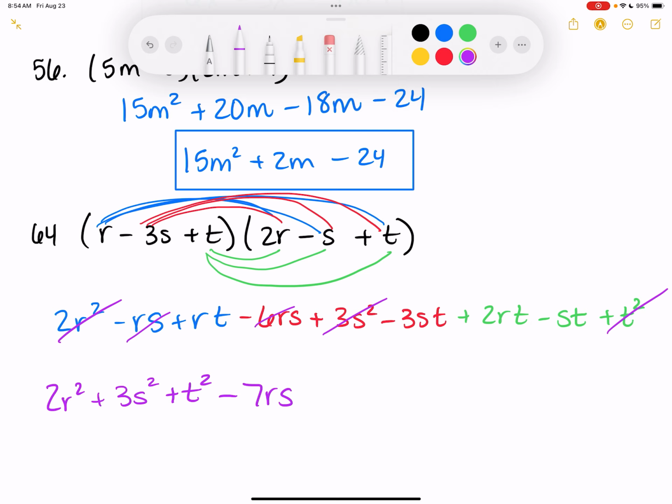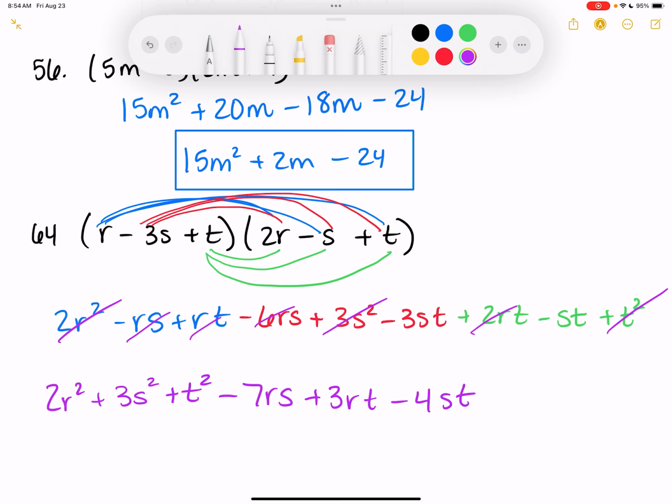I found another one, so that's going to be 3rt. And then finally I have the st pieces. That's all that's left, so that's going to give me a negative 4st. And that would be that one completed.